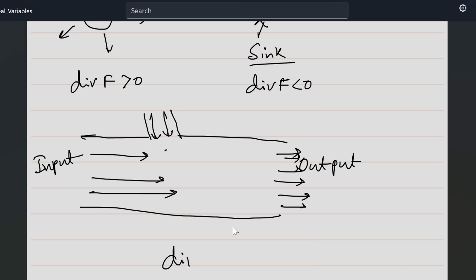So suppose F represents the fluid flow or the velocity of the fluid flow. If I add some source, this is called source, then output will be more. So here divergence is positive.